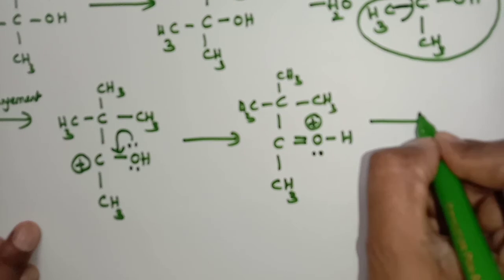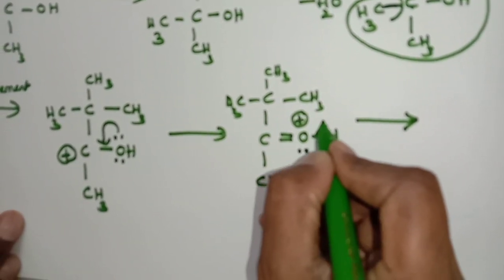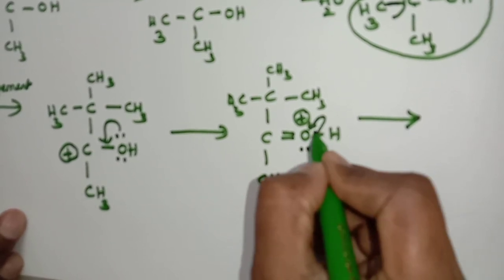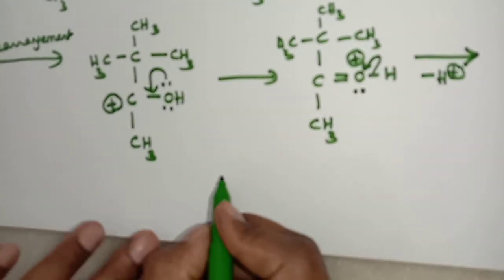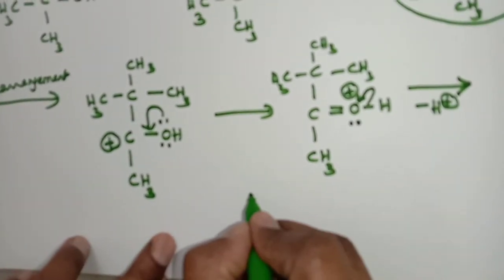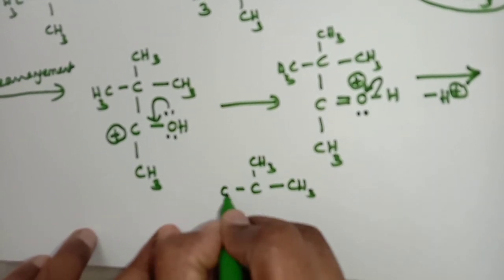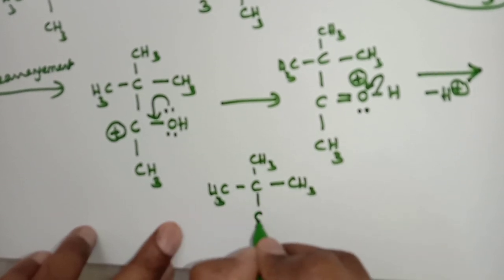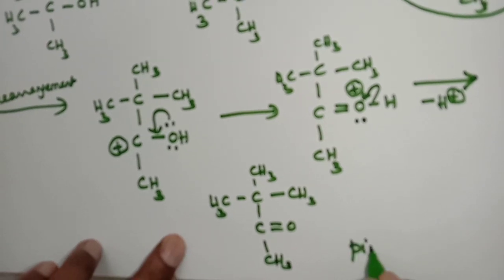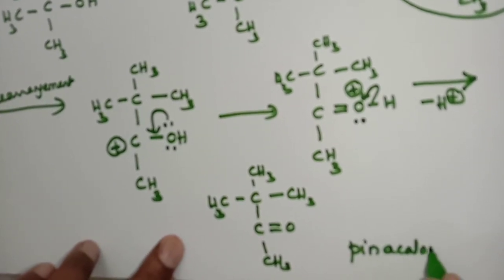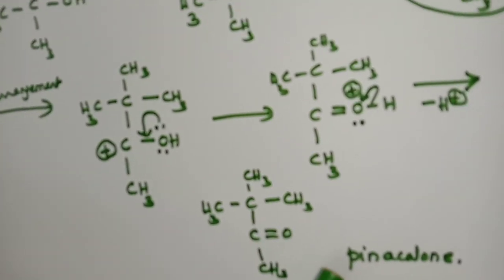How is this positive charge satisfied? The electrons between oxygen and hydrogen will be shifted towards oxygen and H comes out as H plus. So finally what remains, students? CH3, CH3, CH3, C double bond O, CH3. This is the pinacolone. So pinacol rearranges to form pinacolone.